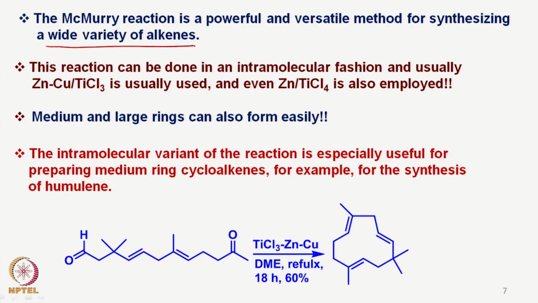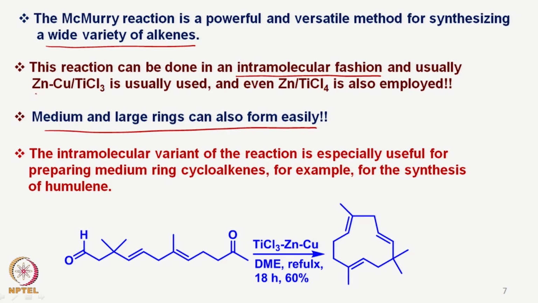This reaction can also be done in an intramolecular fashion, which is very interesting, because you can make a large number of cyclic molecules, and not only that, they can also lead to medium and large rings, and that is something very much useful.